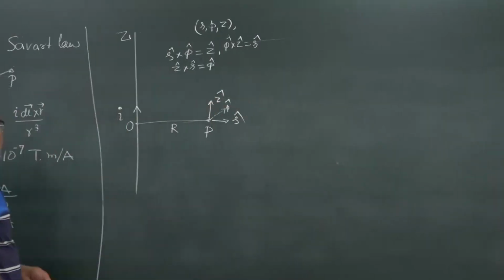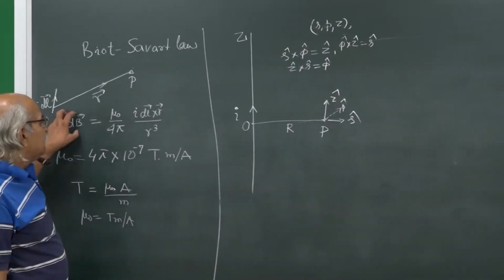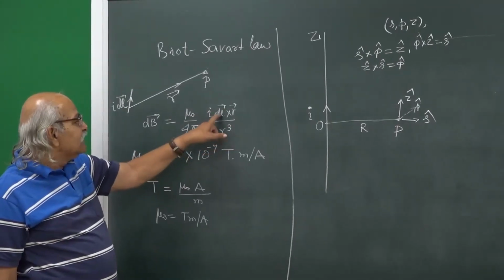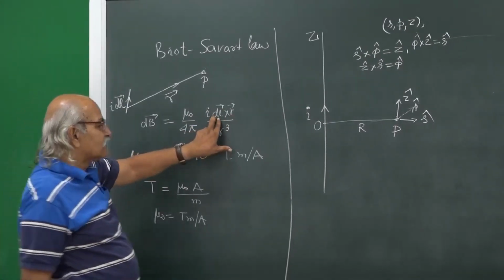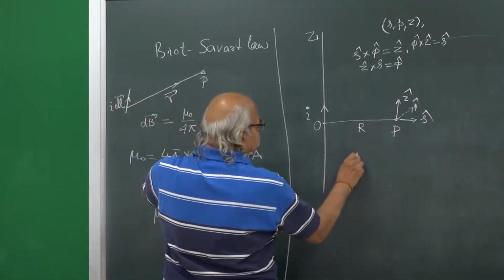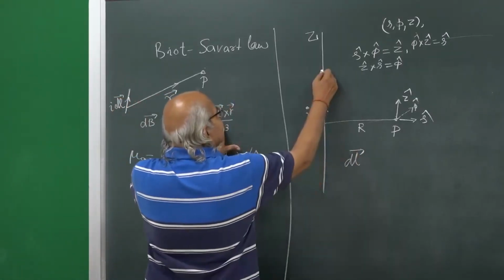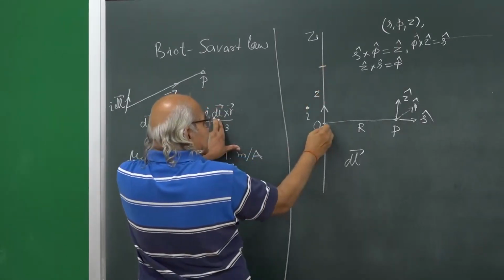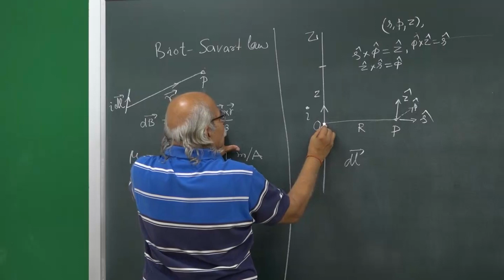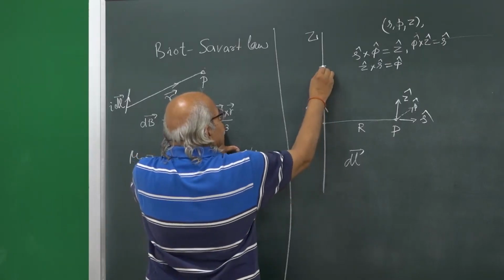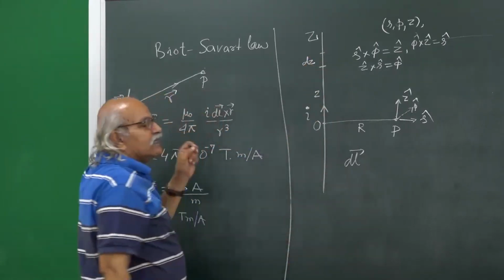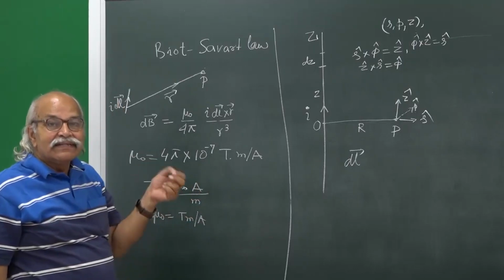So, let us start working. dB is mu naught over 4 pi, I, over r cube, dl cross r. What is this dl vector? You take an element, and how do we take an element? If it is on this z axis, you go to that z distance here and take this dz. dz is always an increment in z.